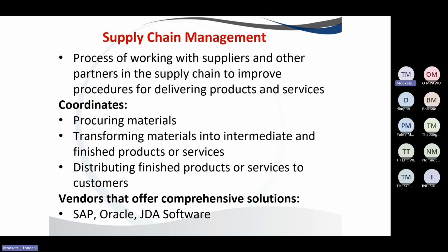So this is what I have explained now. The process of working with suppliers and other partners in the supply chain to improve procedures for delivering products and services. Okay, then we spoke about coordinating the procurement of materials and the manufacturing process, which is transforming materials into finished goods, and distributing those finished products.